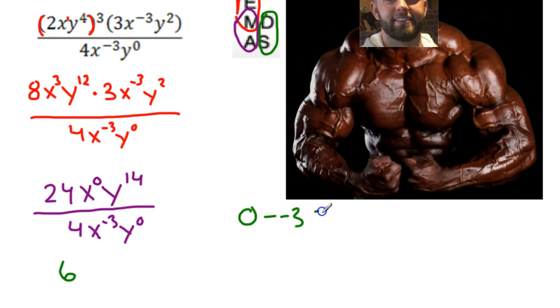Minus negative 3 becomes positive, so it's just 3. So it becomes x to the third power. And now with the y's, we got 14 minus 0, which is just 14. So we have y to the 14th power.